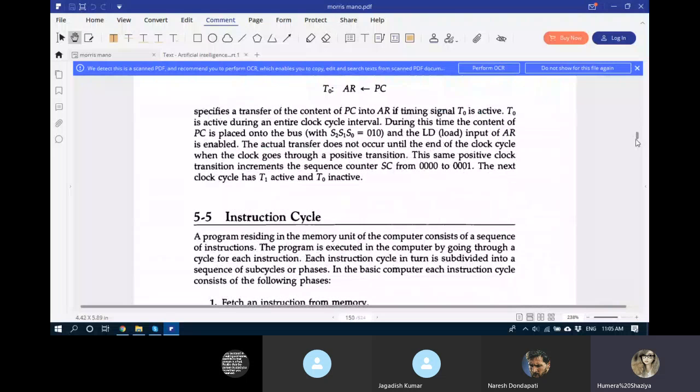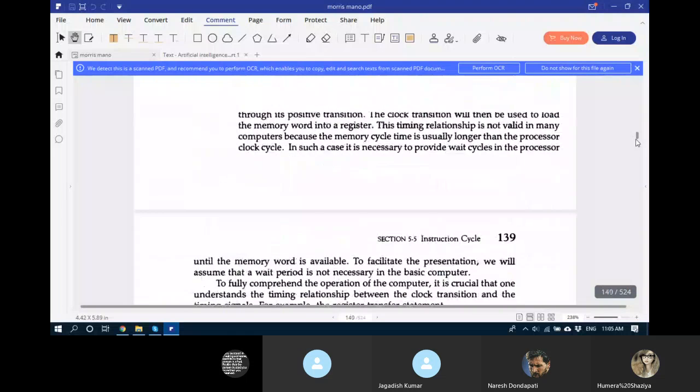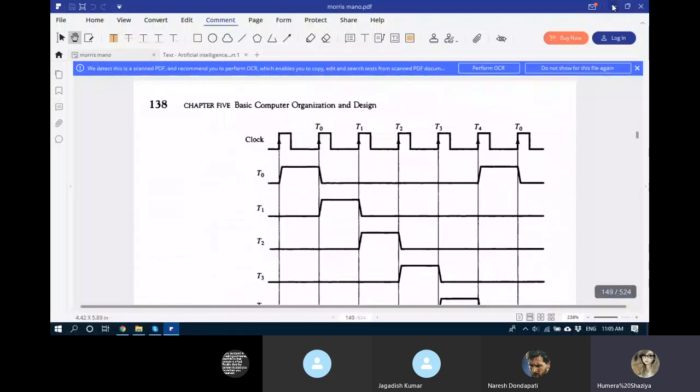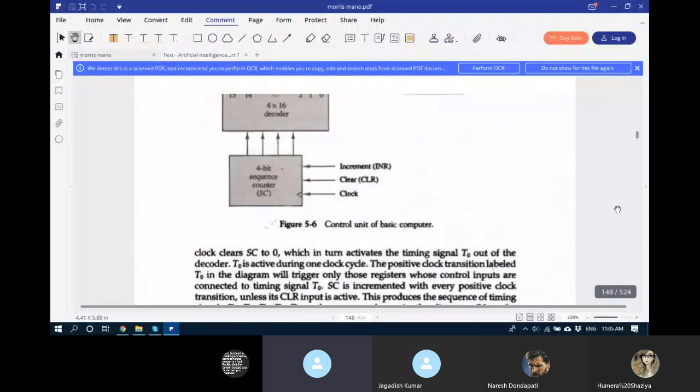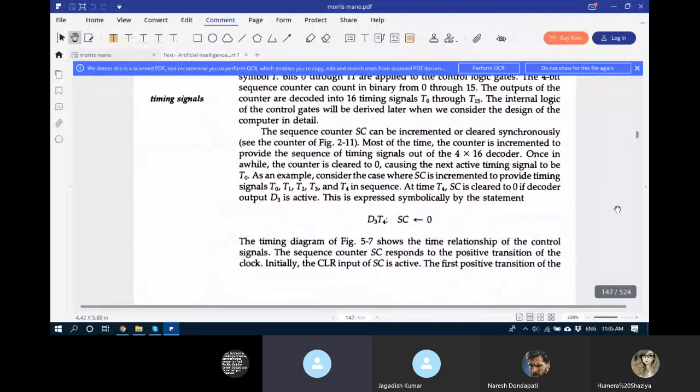Timing and control, ma'am. Instruction cycle is understood, ma'am. Timing control structure, can you explain again? Okay.